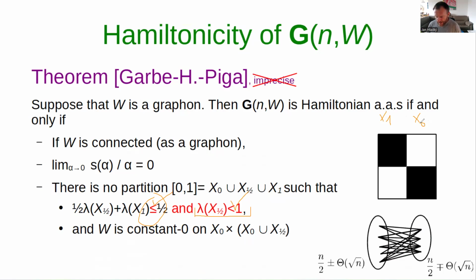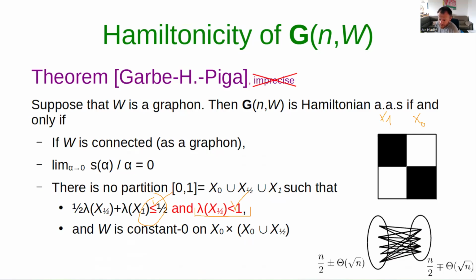Okay, and now let me try to argue why G(n,W) is asymptotically almost surely not Hamiltonian. So when you generate G(n,W), like I'm doing here, you will end up with an approximately balanced complete bipartite graph. And the complete balanced bipartite graph does have a Hamiltonian cycle, so there seems to be no problem here.